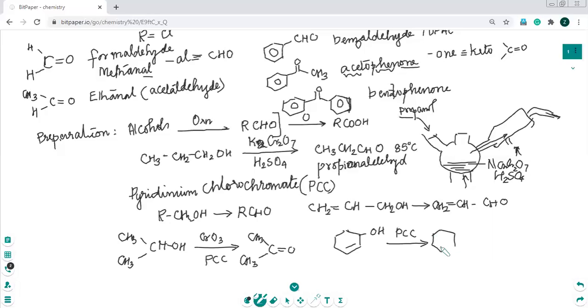The double bond will remain as such, and your OH will be converted to a ketone. So this is the oxidation.